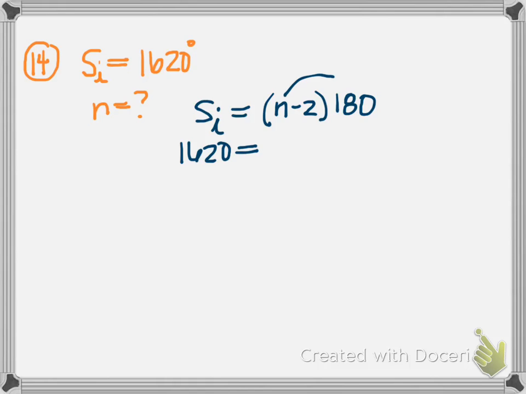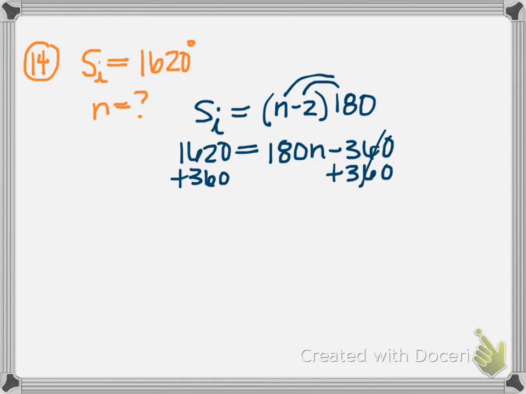We're going to start off by getting rid of our parentheses by distributing the 180. So we'll have 180 times n, which is 180n, 180 times negative 2, which is negative 360. All we have to do now is solve. So we'll add 360 to both sides to get all our constants on the other side. And we'll get 1980 equals 180n.